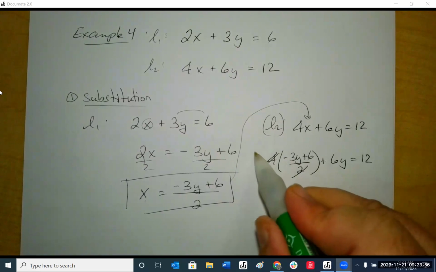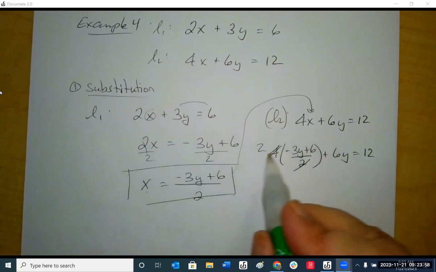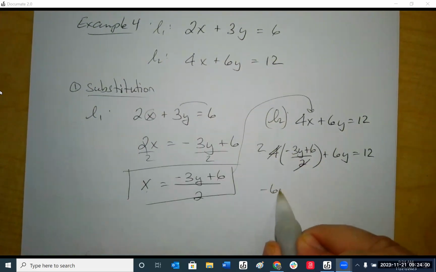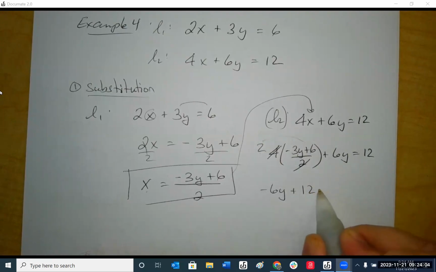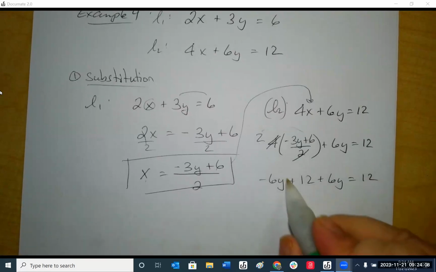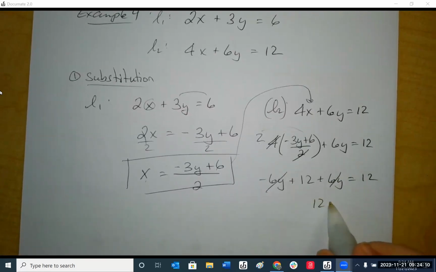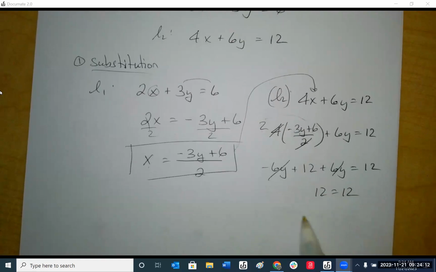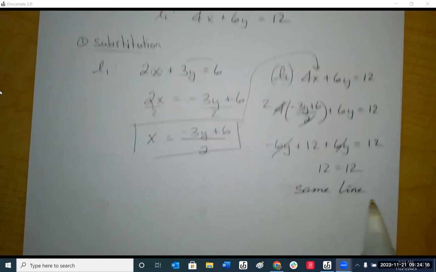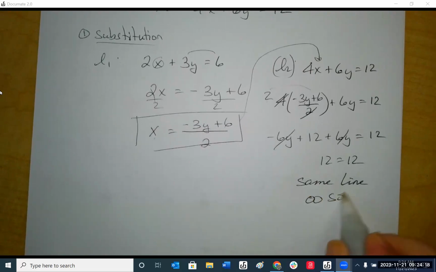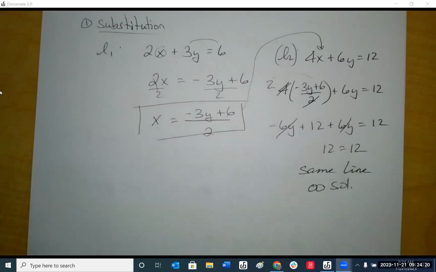The 2 and the 4 cancel. So 2 times negative 3 is negative 6y plus 6 times 2 is 12. 6y, so 12 equals 12. Same line, infinite solutions. That's what it looks like.